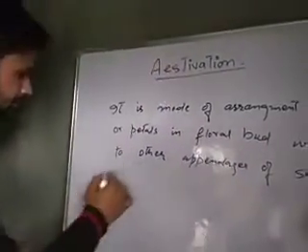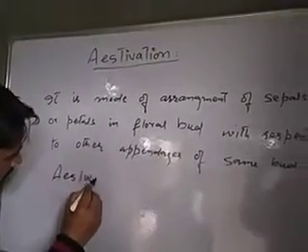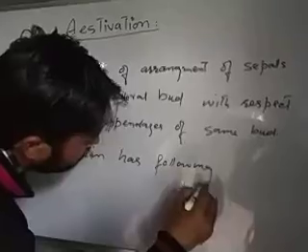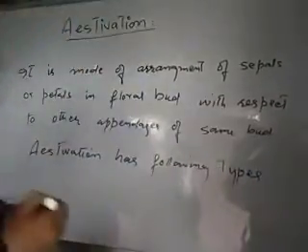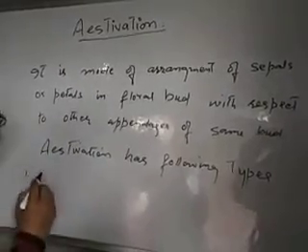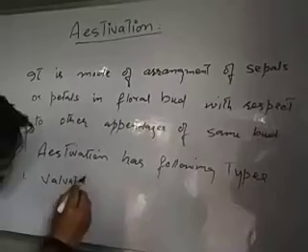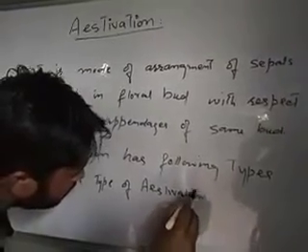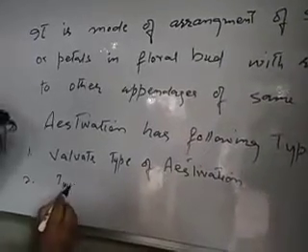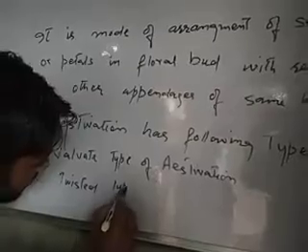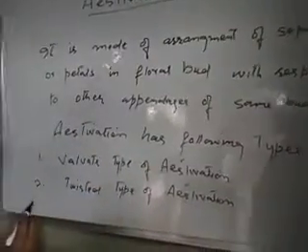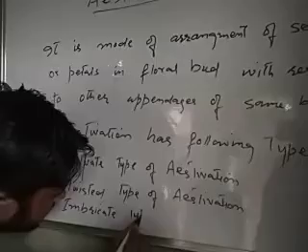Okay, this aestivation has the following types. Number one, valvate type of aestivation. Number two, twisted type of aestivation. Number three, imbricate type of aestivation.